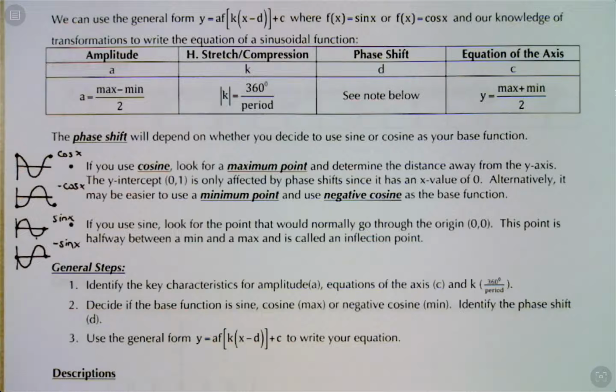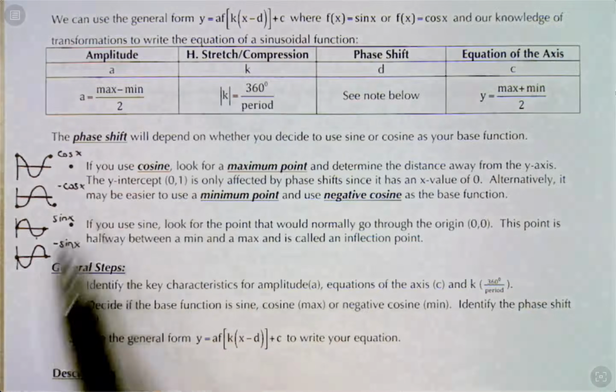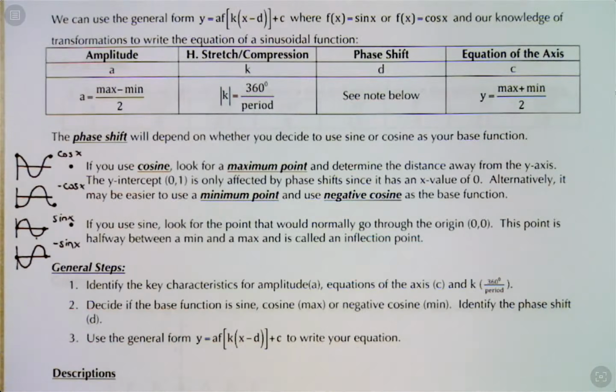In fact, because sine and cos repeat, there's an infinite number of possible correct equations. So we could write many different equations using cos or sine or negative cos or negative sine. It just depends on which base function you're going to use and how far it's been shifted. But the simplest is usually better. So when we do some examples, we'll look for the simplest.